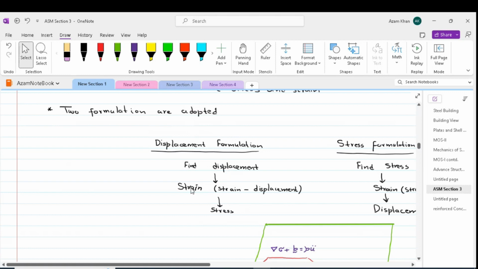After displacement, we'll find out the strains, and then from there onwards, stresses. Since we are already starting from displacements and the strains are worked out based on actual displacements of bodies, we don't need to satisfy the compatibility equations. Or in other words, that is automatically satisfied.